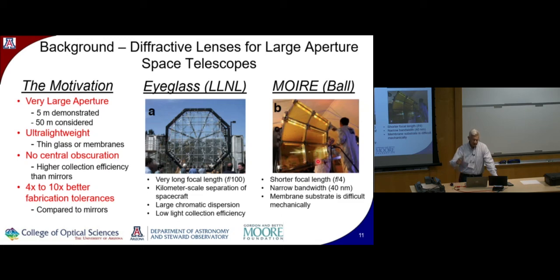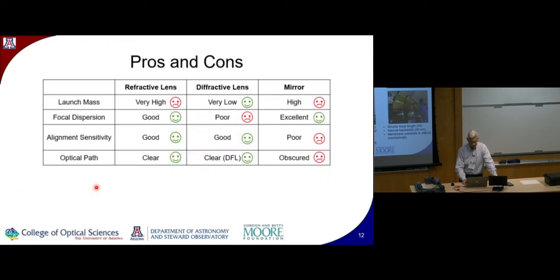And the idea here was to make Gossamer-type telescopes of this 30 to 50 meter diameter aperture. They're very large aperture. They're ultra lightweight. There's no central obscuration. And it's got 4 to 10 times better fabrication tolerances than mirrors.